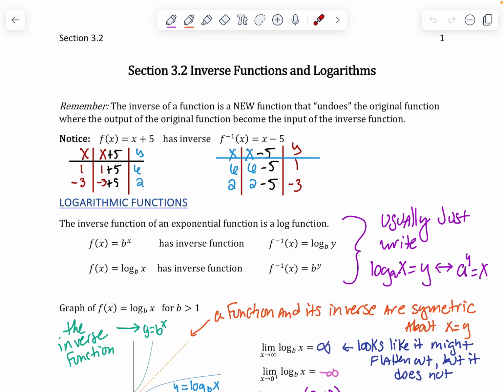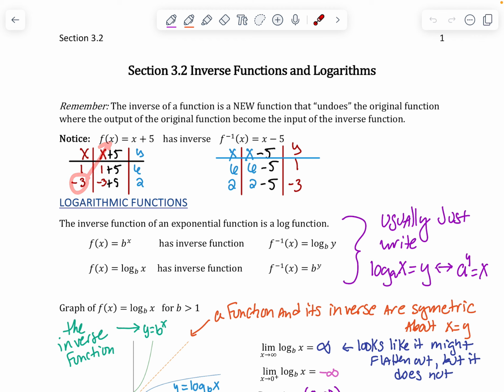Notice if I took an input of 1, plugged it into the equation, I get an output of 6. If I take that output of 6 in the inverse function, I get 1, which was my original input. And that continues, right?